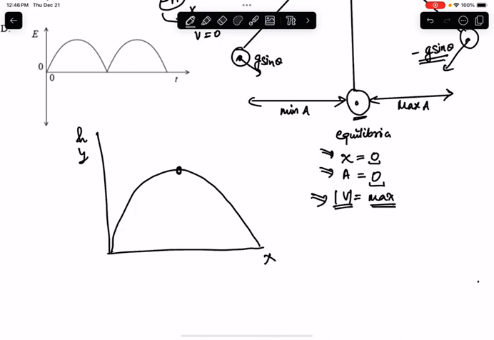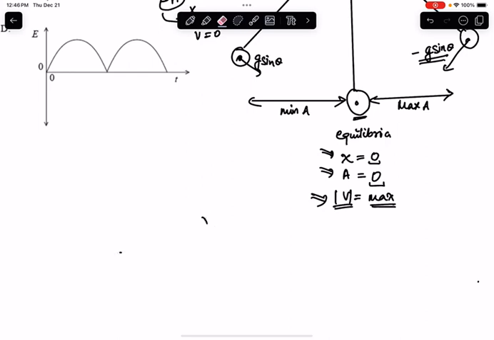And we see that when you reach your maximum height, the velocity in the y direction just turns out to be 0 meters per second. Okay, so that's sort of a similar way of thinking about why the velocity is 0 at the max height.